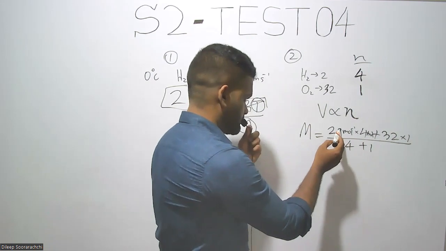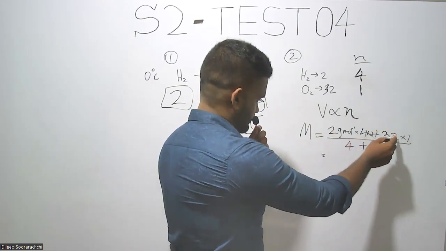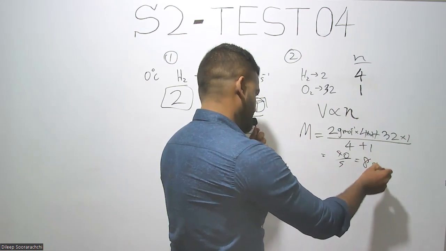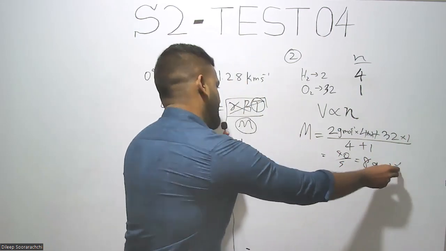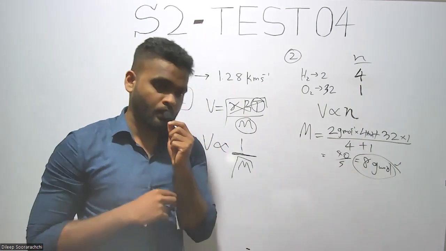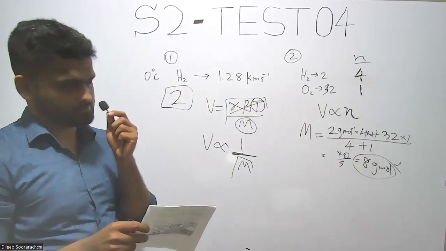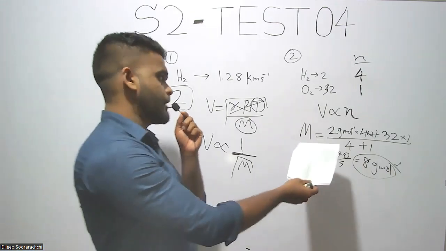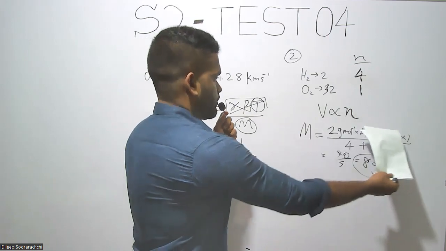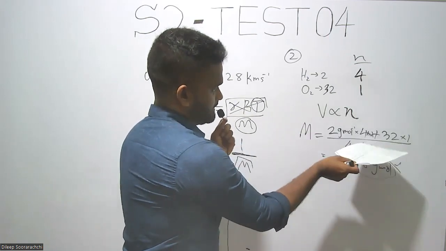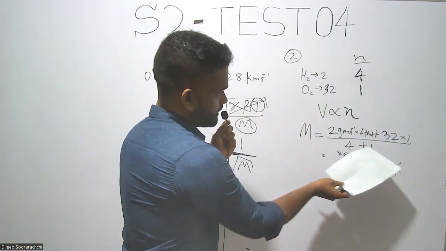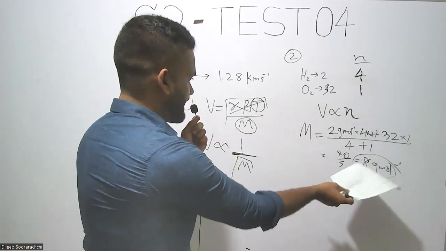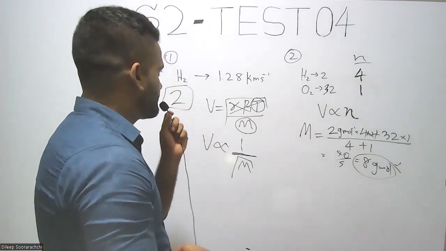Here we have 8, 32, 40. 40 divided by 5, that is 8 grams per mole. So 8 grams per mole is the molecular mass of the mixture. So you should know how to find molecular mass of a mixture. This is the total mass of the mixture at the numerator. This is total number of moles, that is at the denominator. So we got 8.